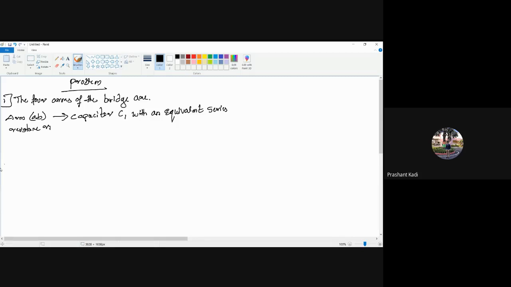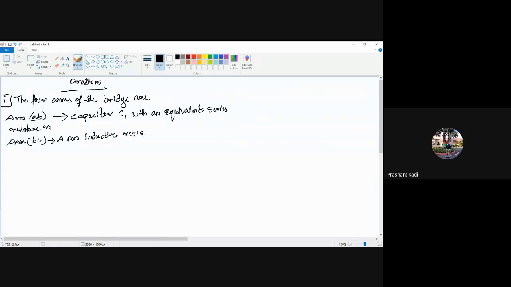Clear? So the second arm is BC, a non-inductive resistance R3. My voice is audible, right?